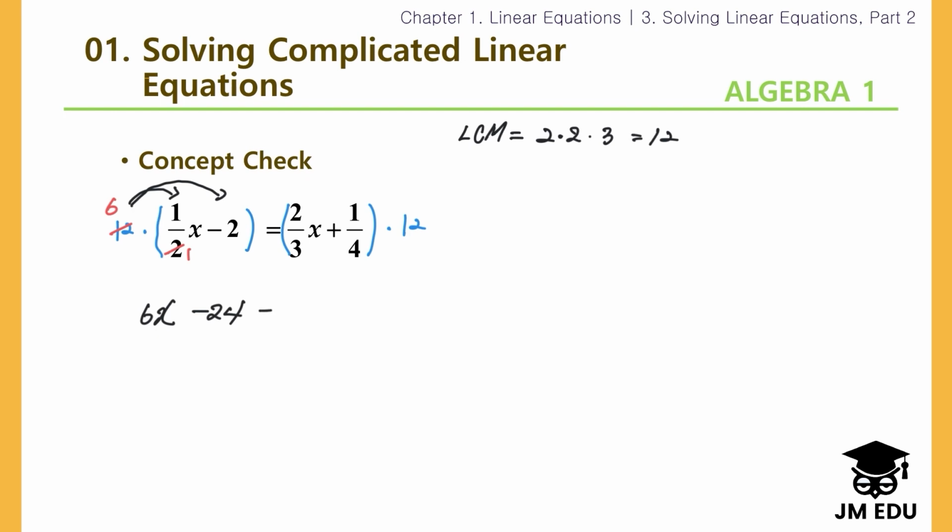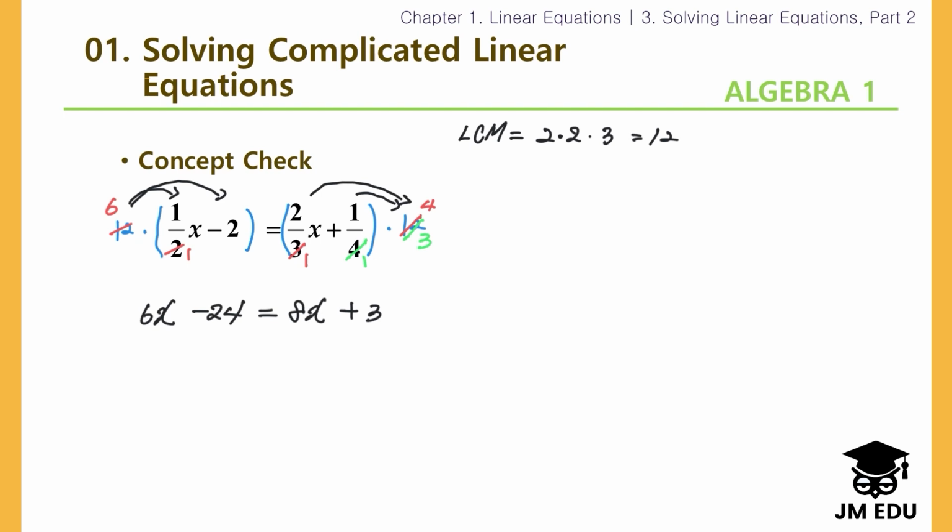So that is equal to, here, 2 over 3x times 12. 3 times 1 is 3. 3 times 4 is 12. So 2x times 4, that's going to be 8x. And 1 over 4 times 12, that's 4 times 1, 4 times 3, right? So 1 times 3, that's just plus 3.